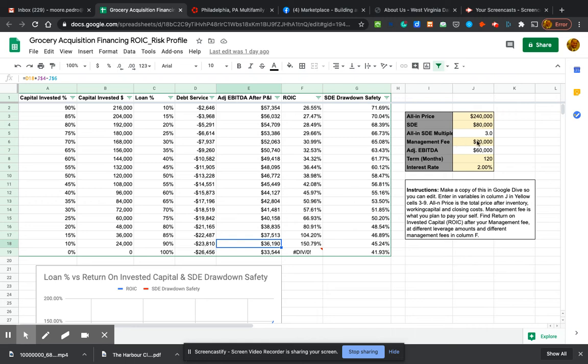Also, I'm sorry, I did add that sometimes you are able to take a management fee out of that. So if we were to remove this management fee, that would bump that up. As you can see, this is your adjusted EBITDA or net income. It went up to 56. All that's really doing is subtracting $24,000 from the 80 grand of your normal net profit, and that's what's left over.